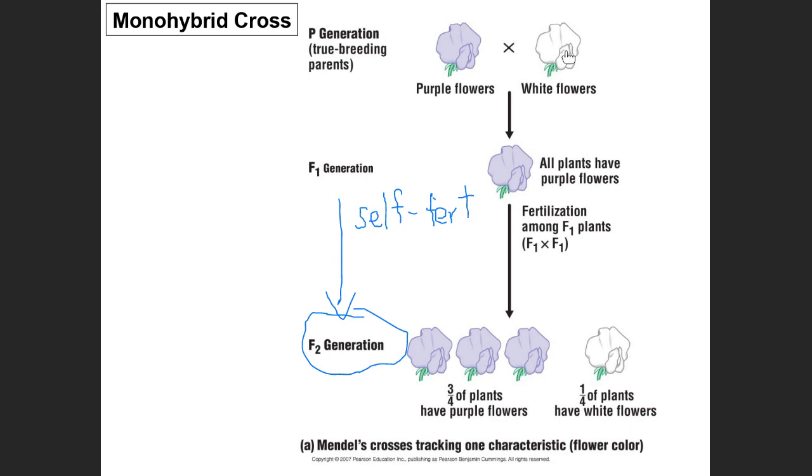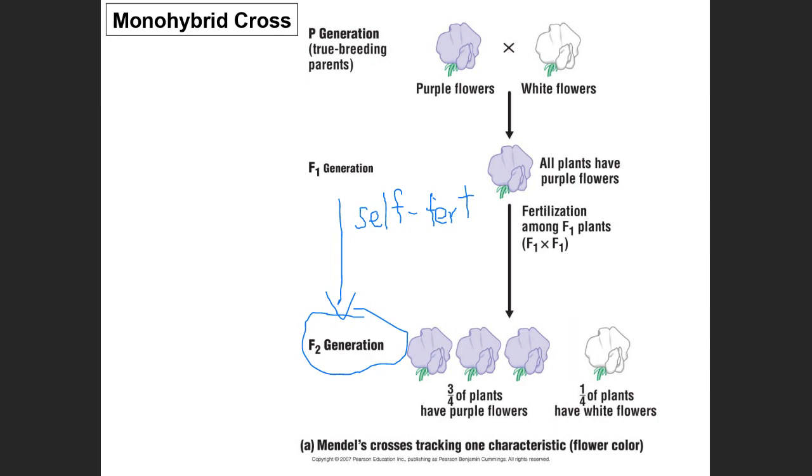From this parent plant that produced white flower colors, that was one of two parents producing the F1 generation offspring. What Mendel discovered through self-fertilization of each individual offspring producing the F2 generation is that from this P generation plant that produced white flower colors, that trait for white flower wasn't lost, it was hidden.